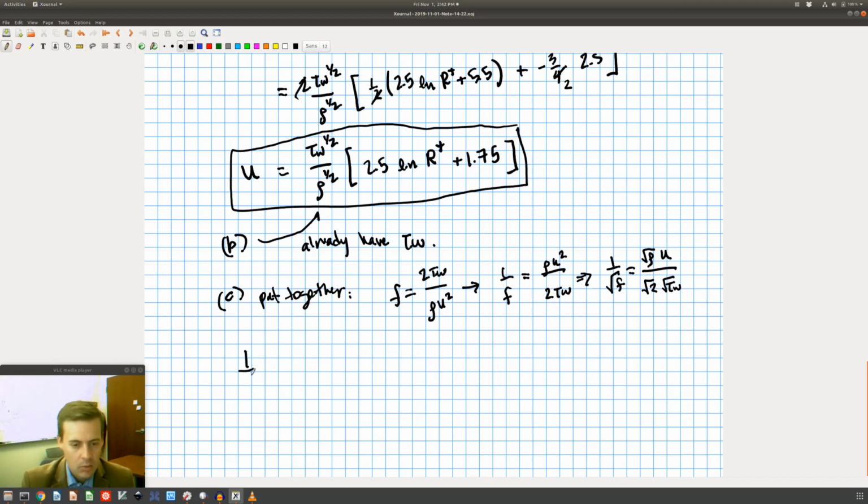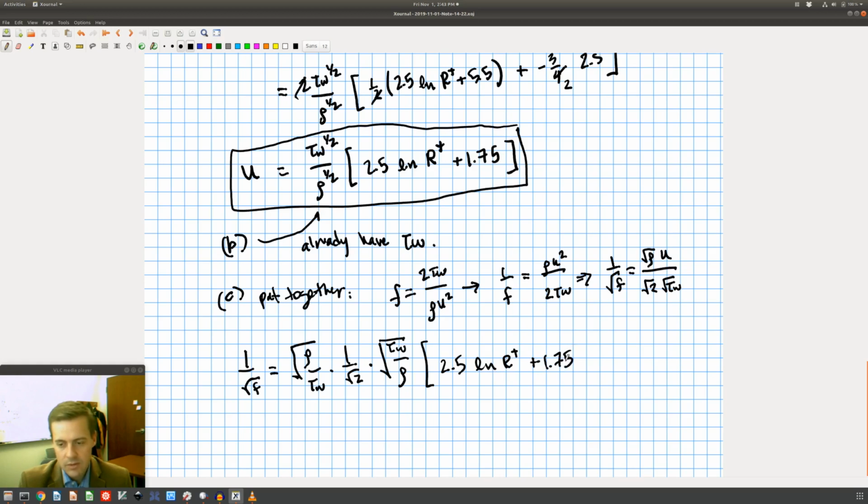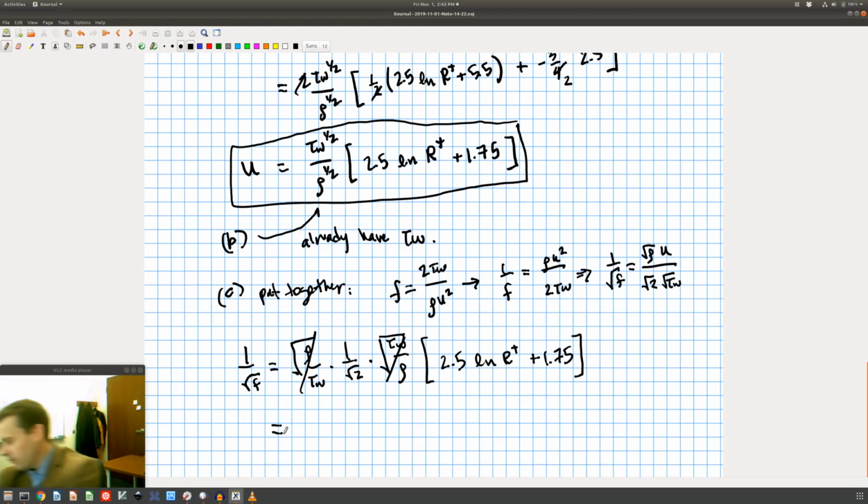So let me do that. 1 over the square root of F is equal to, and I'm going to put over here a square root of rho over tau W multiplied by 1 over root 2 multiplied by U, which is the square root of tau W over rho, and then this square bracket, 2.5 log R plus 1.75. Okay, this piece and that piece cancel. And now I get 1 over root F. Scrolling down. Oh, I need a new page.